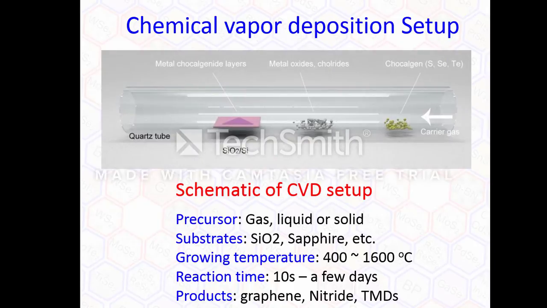All right, so this is a very classic setup for the CVD method. Basically, we have a big furnace, not shown here, and we have this quartz tube. In the tube we have the precursors: the chalcogen precursors, sulfur, selenium, and tellurium, and we also have the precursor for the metal, metal oxide, metal fluoride, different things.